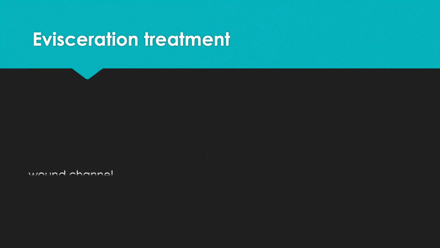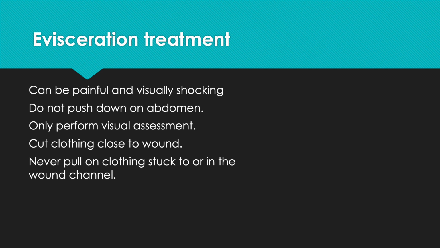The treatment for evisceration, one, we want to make sure that we stay calm. People on scene are already going to be very upset at seeing all of this, so we need to keep our own cool. People look to us to come and take care of this patient. So you want to make sure you don't ever try to push any organs back into the abdominal cavity.